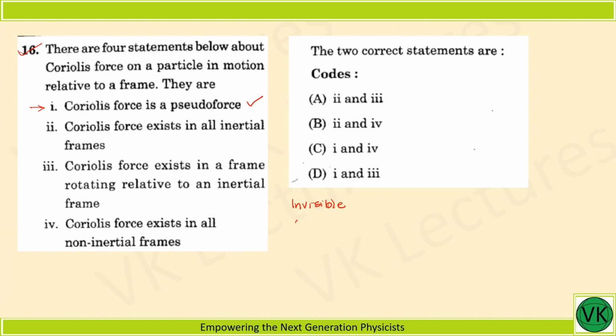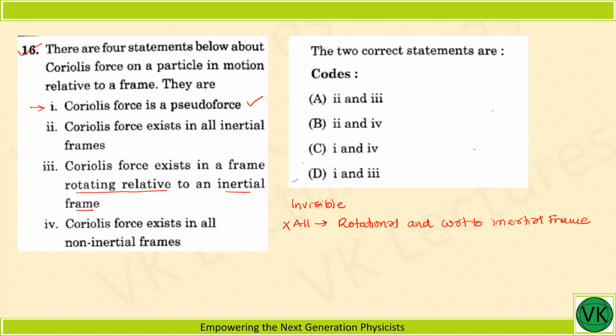Not in all inertial frames, only rotational, and it must be with respect to an inertial frame. Now, Coriolis force exists in a frame rotating relative to an inertial frame.